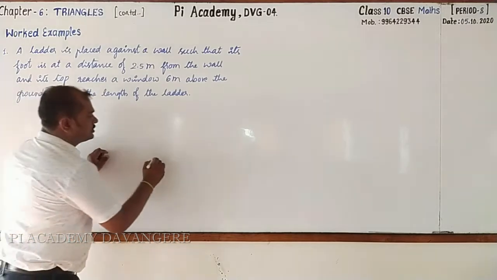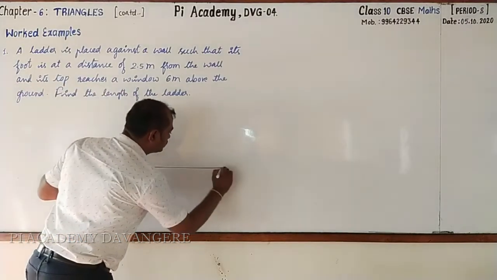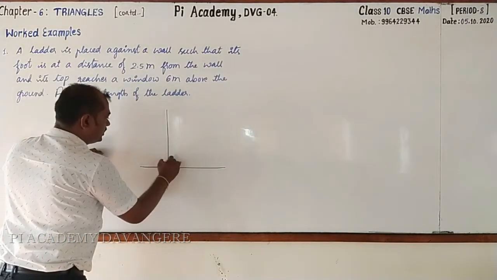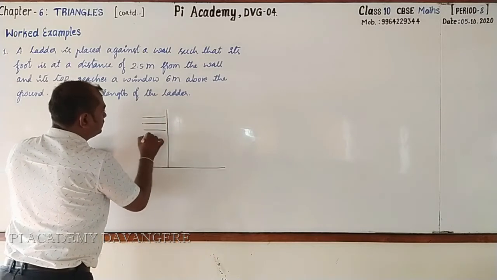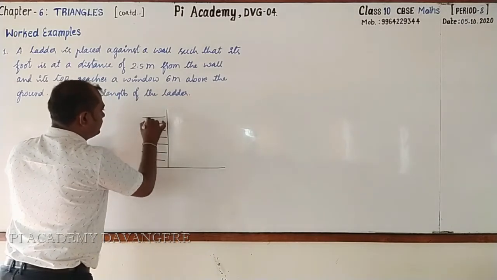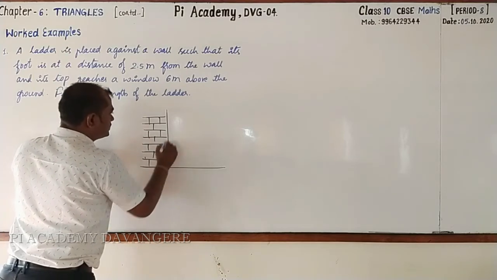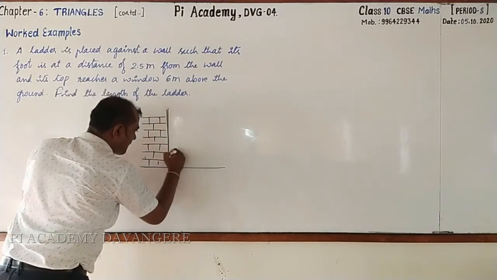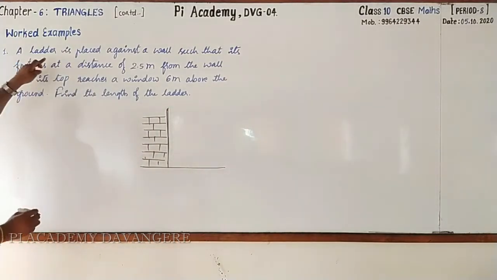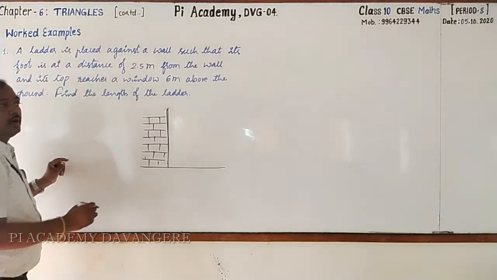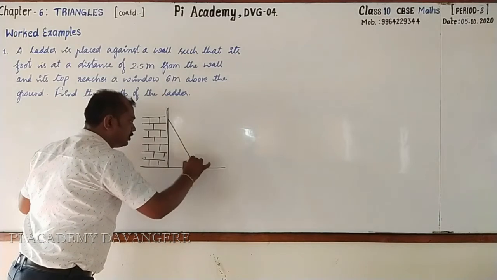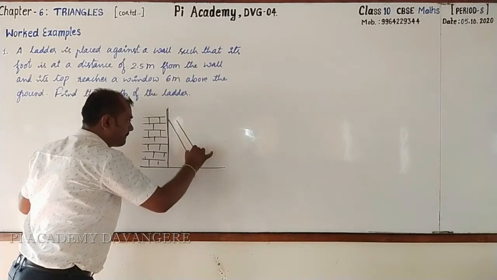Look here, just to make you understand, I am going to draw the figure. Observe it. This is the wall. Next, a ladder is placed against a wall. Let me draw the ladder.